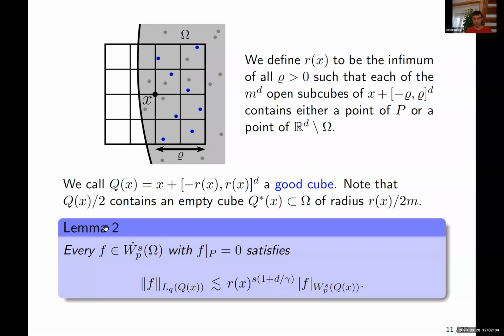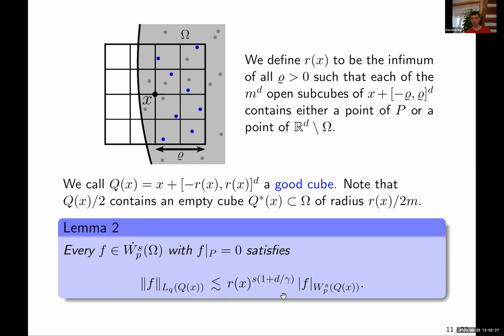Yes, and I now do that, and the result is this. How do we get it? Well, we just scale everything to the unit cube and then scale back. And then we get exactly this behavior, the dependence on the radius of the cube. The computations are boring, which is why I don't do it.